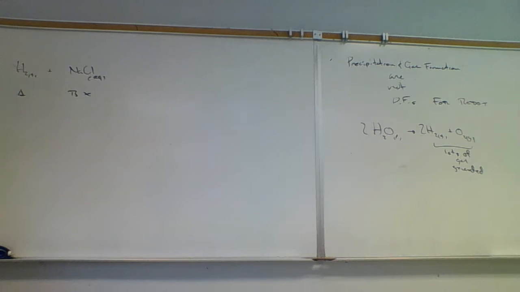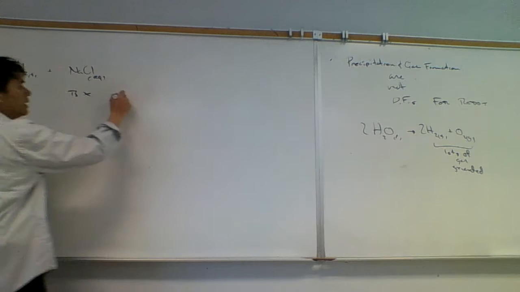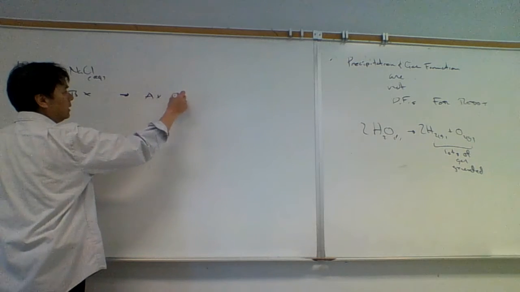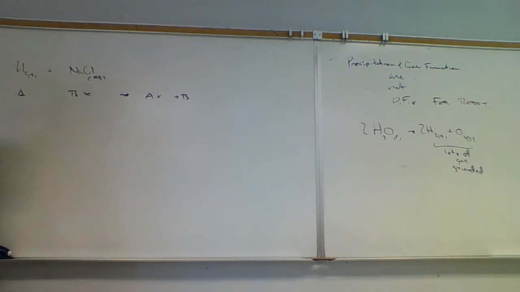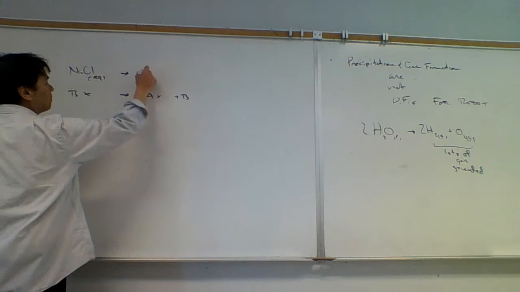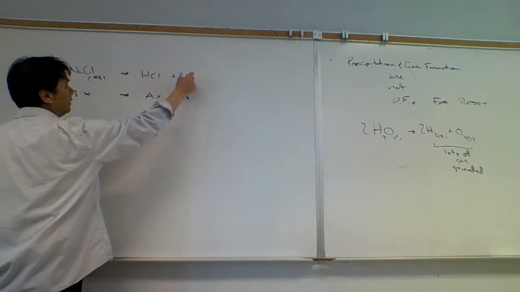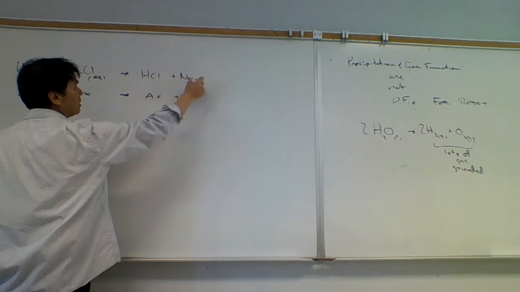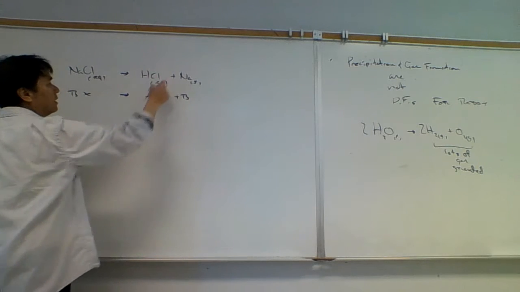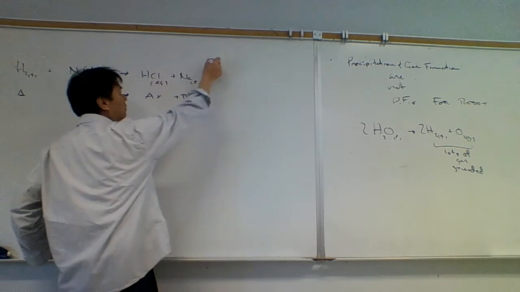A plus BX yields AX plus B. AX would be what? HCl. And B would be Na, solid. Liquids. So we got precipitation here.